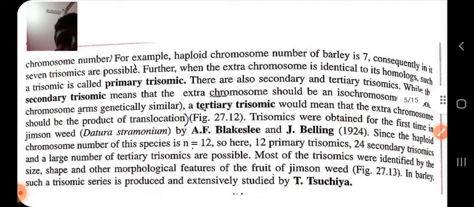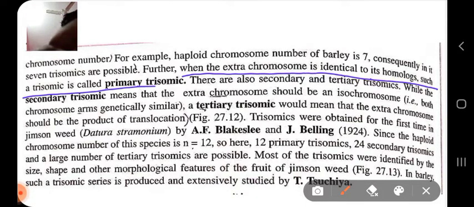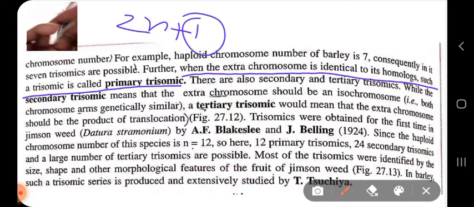When an extra chromosome is identical to its homologs, such a trisomy is called primary trisomic. So when we have 2n plus 1, and this extra chromosome is identical to one of its homologs within the chromosome set, that is called primary trisomic.